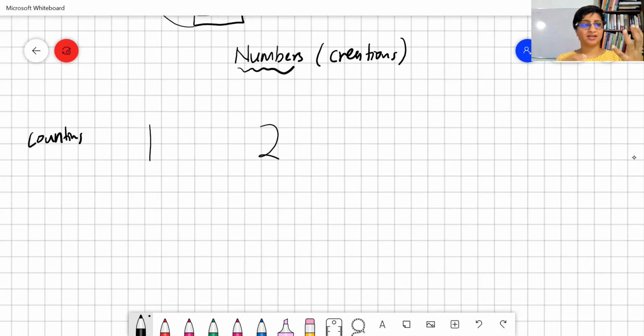So initially, what they did was they used their fingers. It all started with fingers, because it's amazing that our body, the way it is built, gives us a way. This is our best calculator, our fingers and toes, and this is why our number system is based on 10.